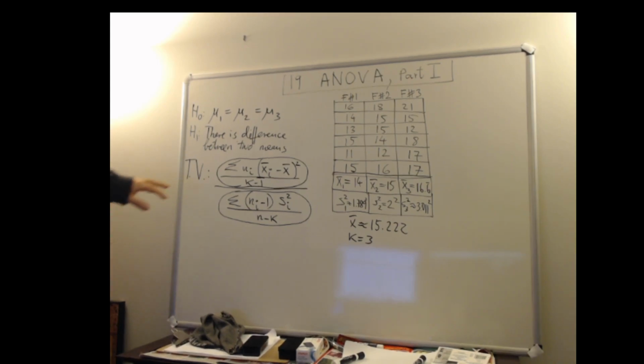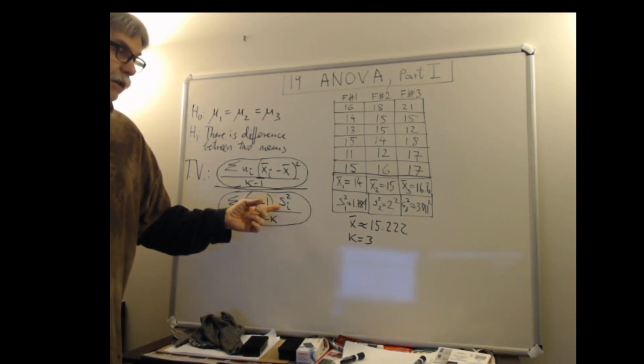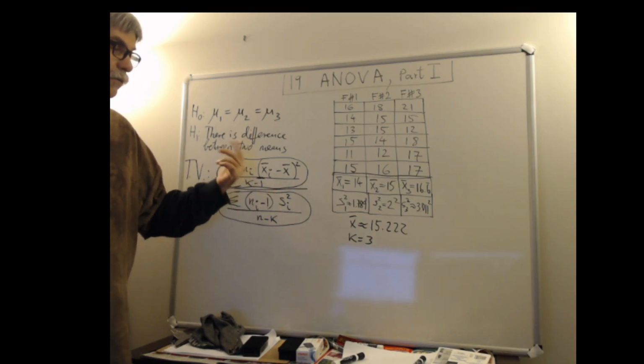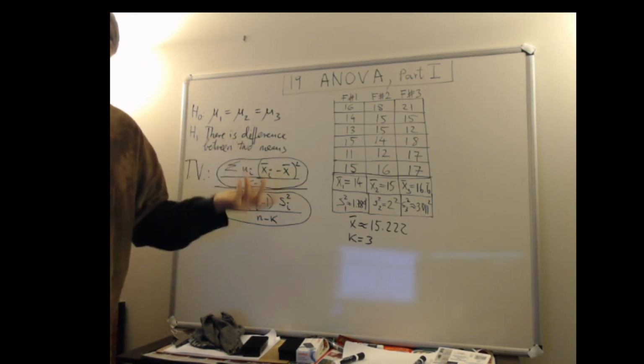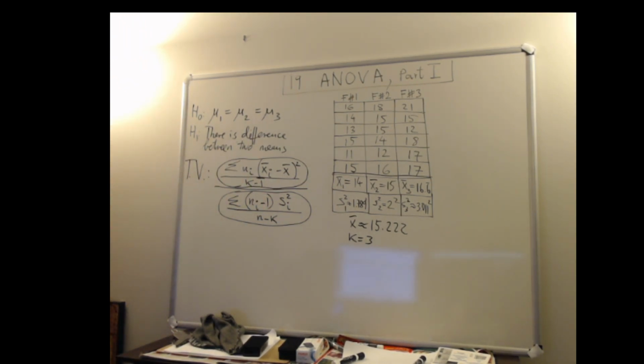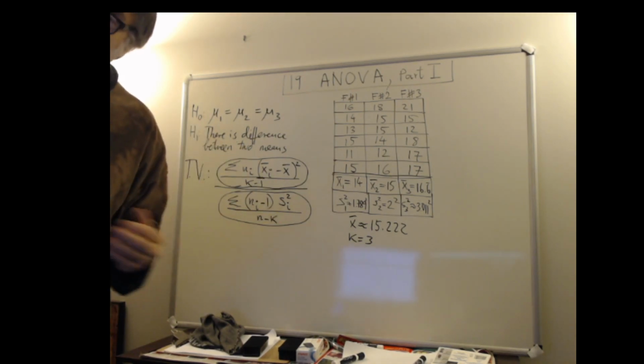Okay? What we have downstairs is just the straight old variability. You have the standard deviation. Standard deviation squared is the variance. So this is variation in the first group, second group, and third group. And again, it depends how many things you have in the group. If you have more things in the group, the variation in that group has to play a bigger role in your overall calculation.